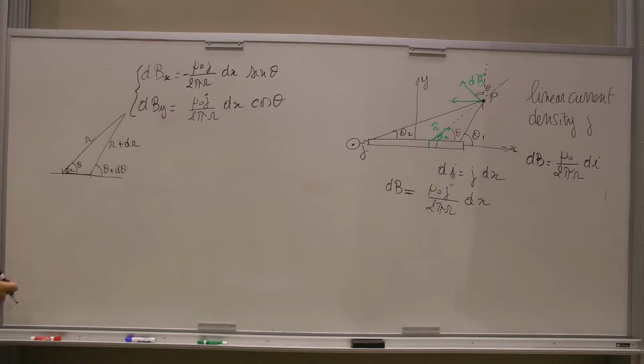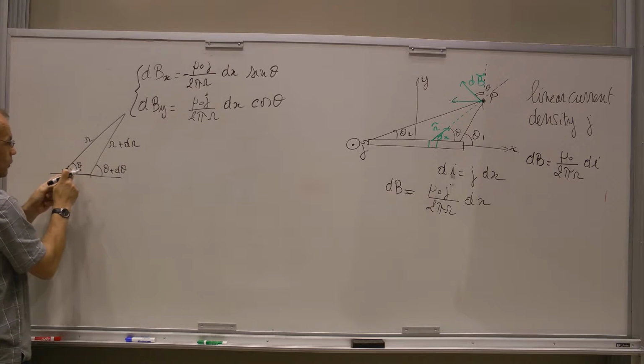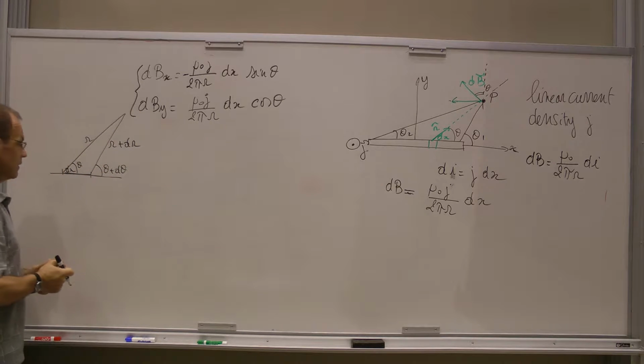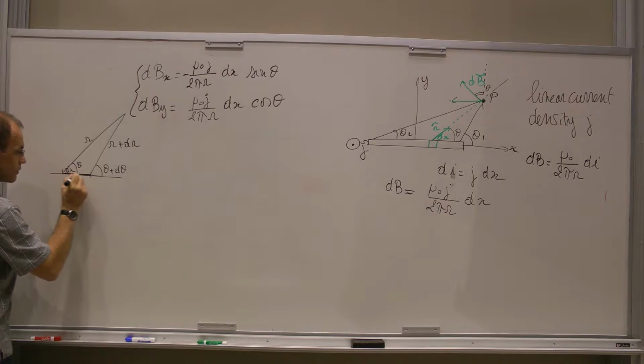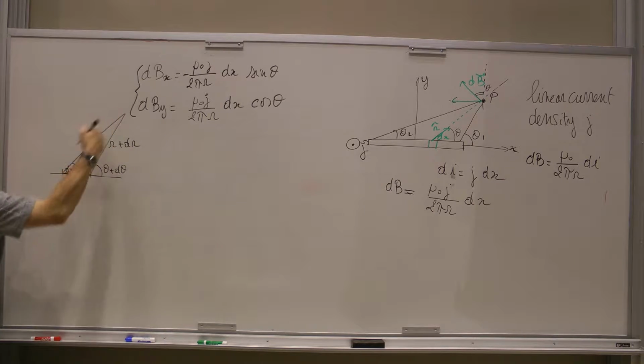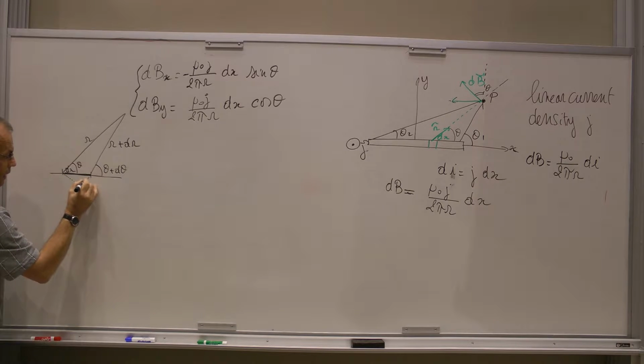The only thing that matters is to know that we have r and r plus dr corresponding to a theta and theta plus d theta. So I'm going to try to correlate that length dx to the angle theta and little r. And to do this, the easiest is to look at this little right angle triangle right here.